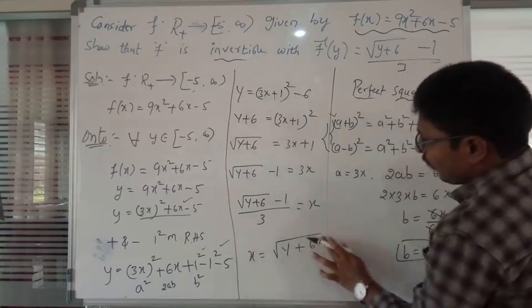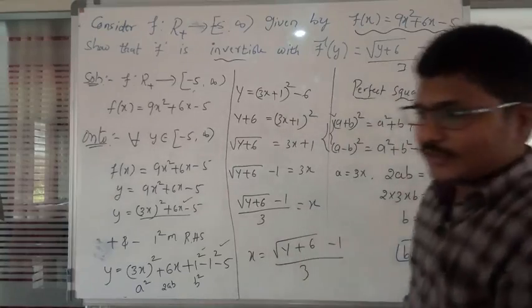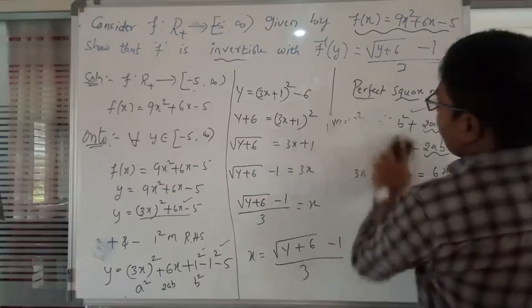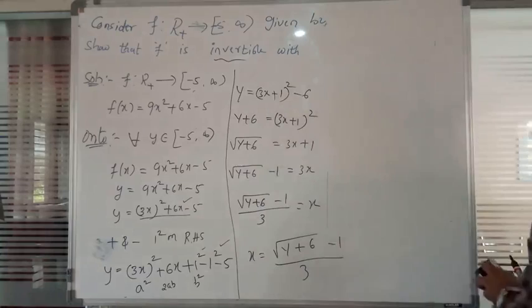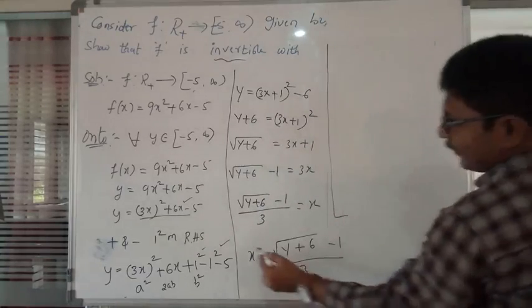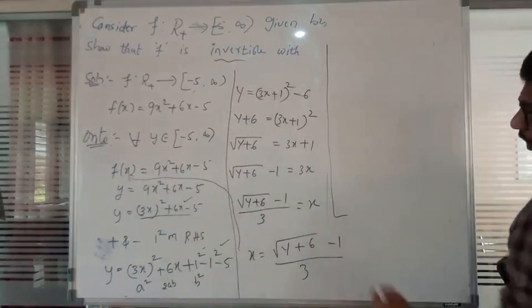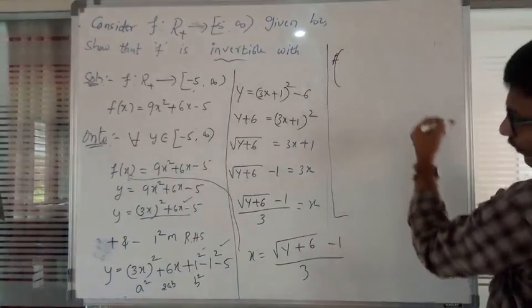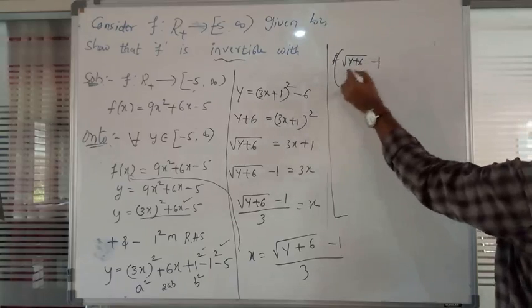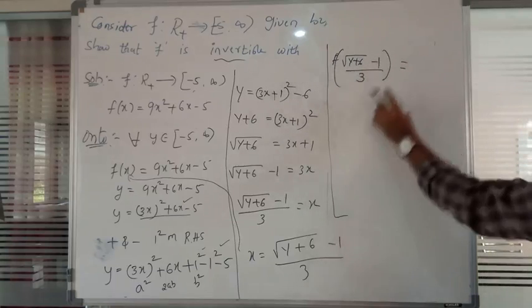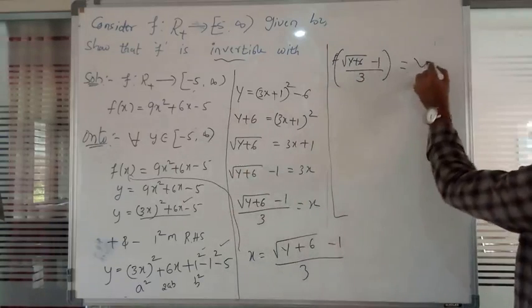Now if we put this x into f, f of root of y plus 6 minus 1 divided by 3, in the place of x it again gives y.